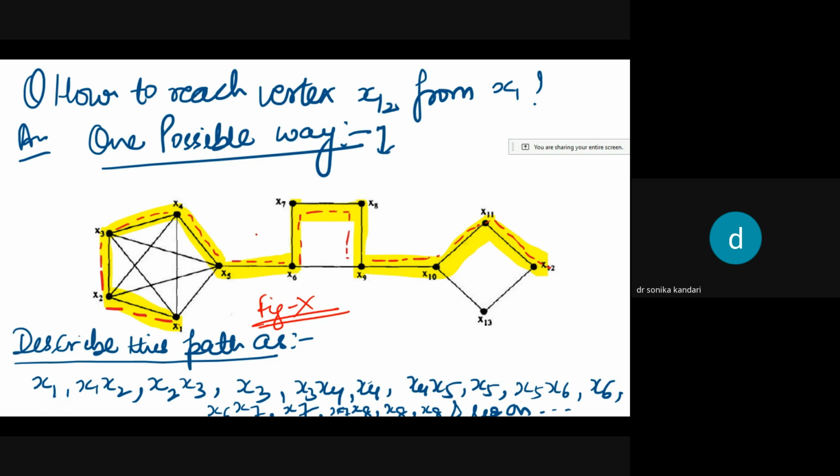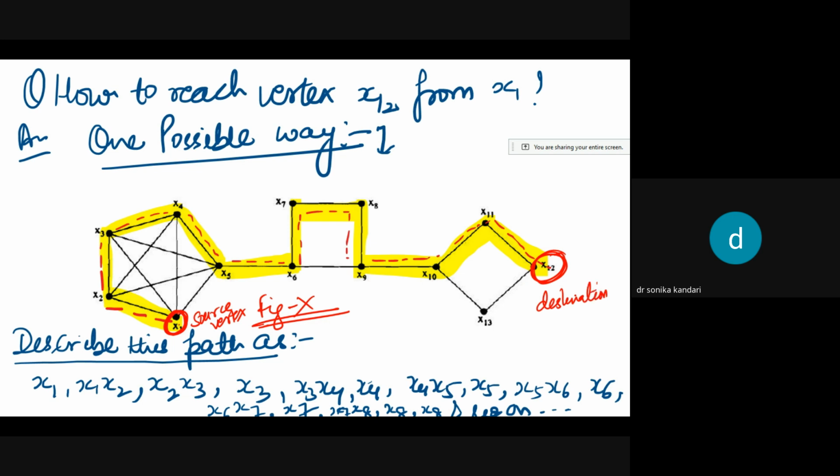What we have to do: this X1, which I am highlighting in red, is our source vertex. And X12, on the right-hand side, is our destination vertex.